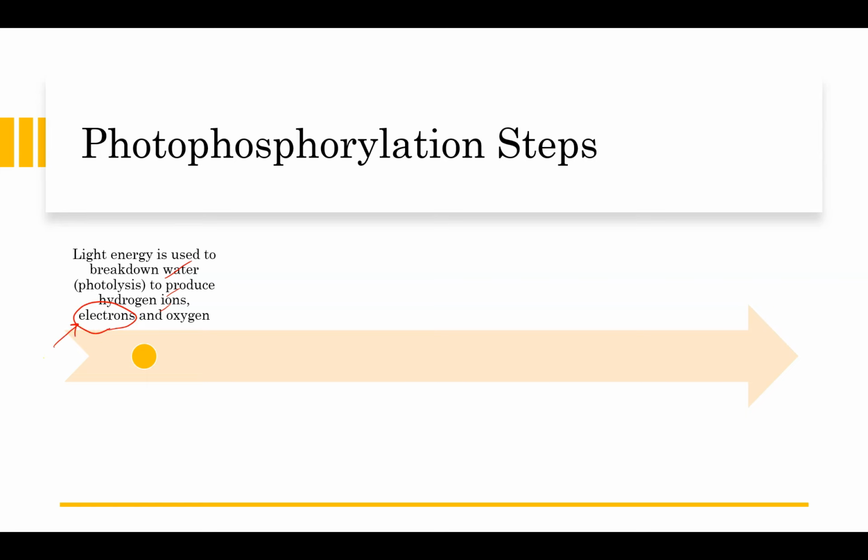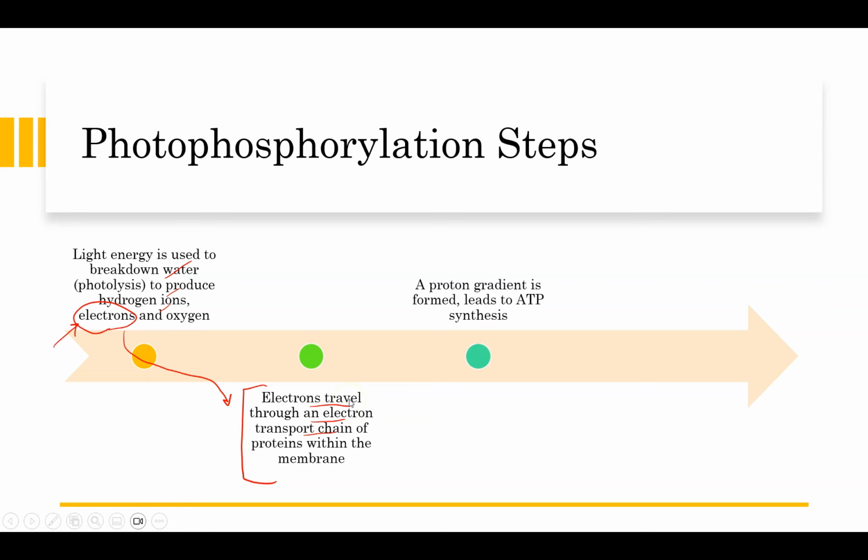While in oxidative phosphorylation, the source of electrons was the oxidation of the food that we are consuming, or the plant which is consuming, here the source of electrons is water. Then a similar process with oxidative phosphorylation is that the electrons released from the photolysis of water will be traveling through the electron transport chain, just that there are no complexes here, there are carriers.